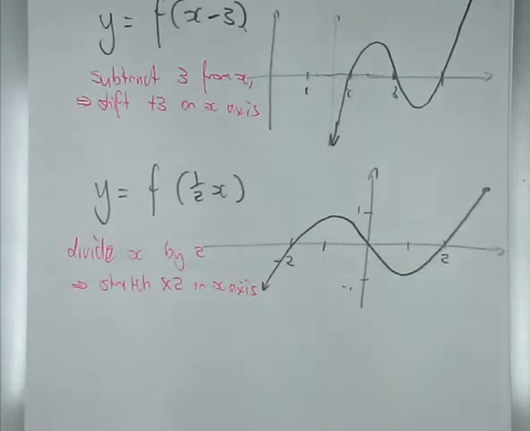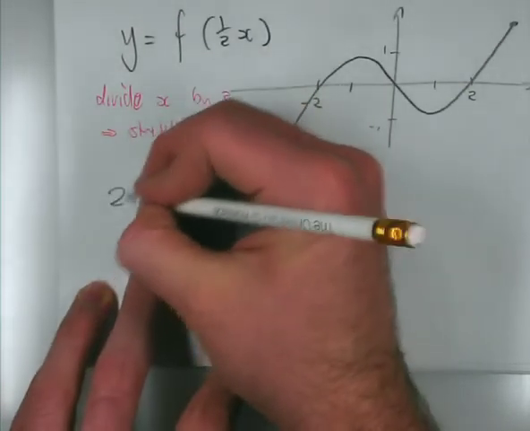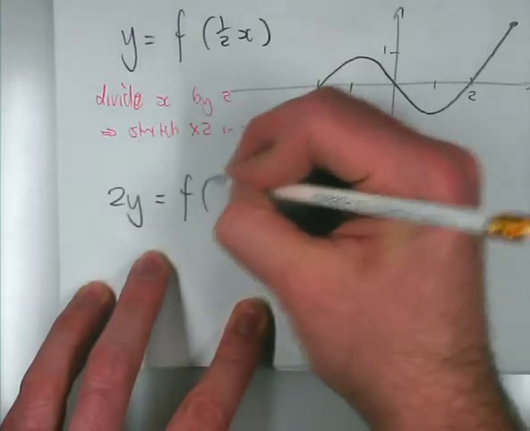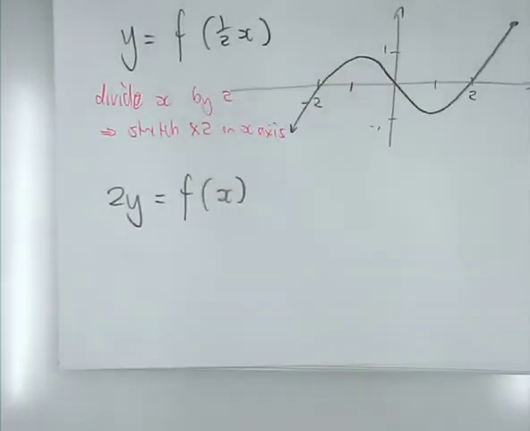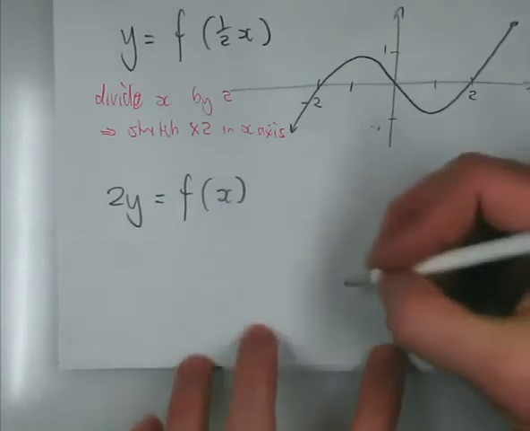And the same thing happens if you do stuff to the y. So if I did 2y equals f of x, which would be y equals a half of f of x, multiplying by 2 next to the y will shrink the y-axis.